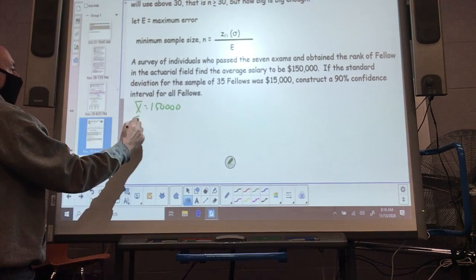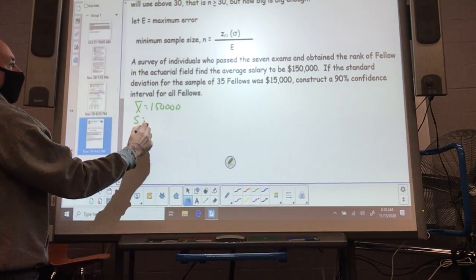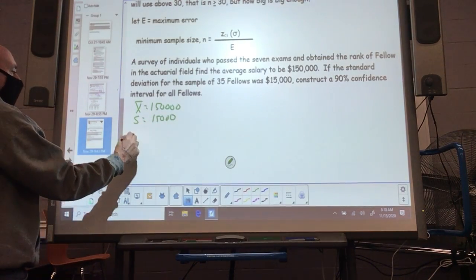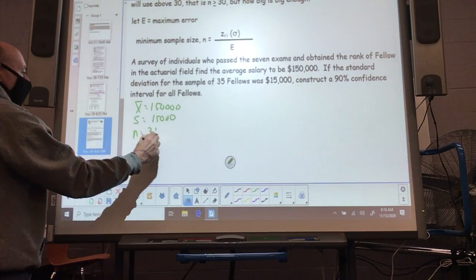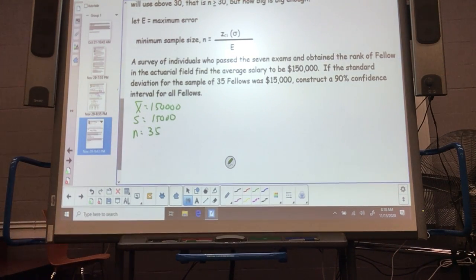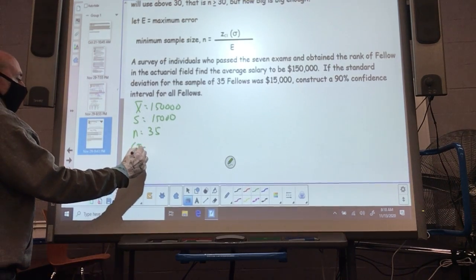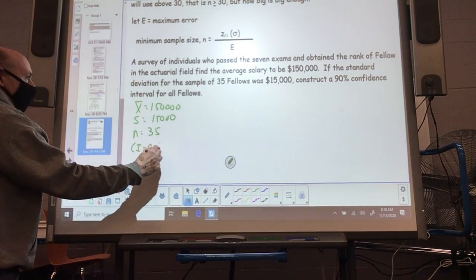We have a standard deviation of $15,000. We have a sample size of 35. And we want a confidence interval of 90%.